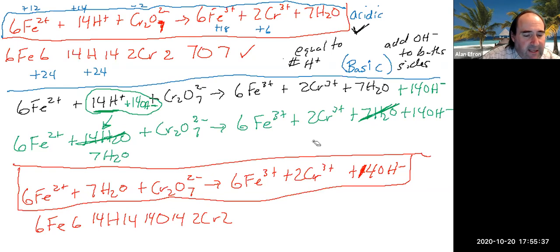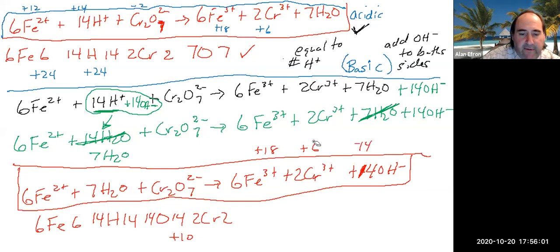Overall charge on the left-hand side, let me get some stuff out of the way so I can see it. We have plus 12 and 2, like a plus 10 on the left-hand side. Right-hand side, we have plus 18 here. We got plus 6 here and minus 14 here.